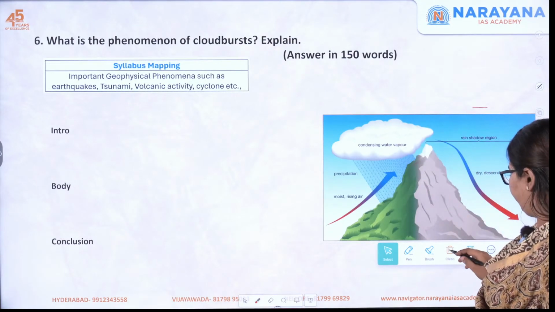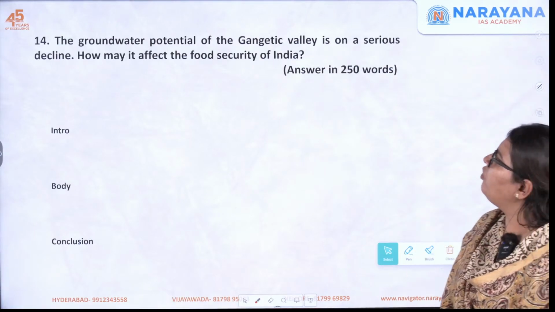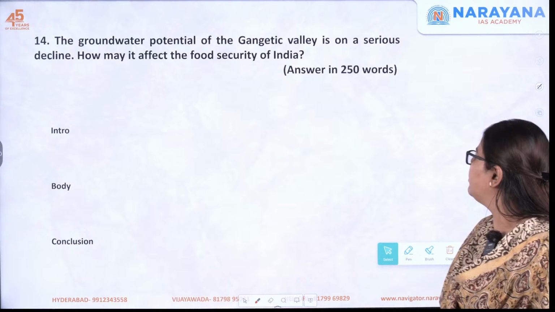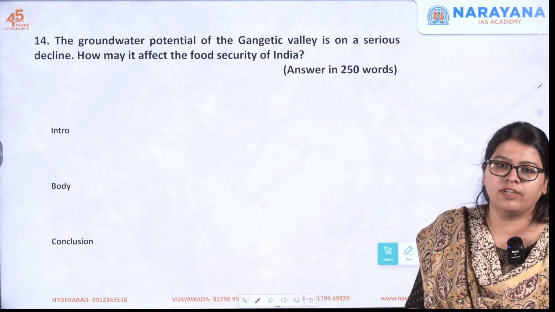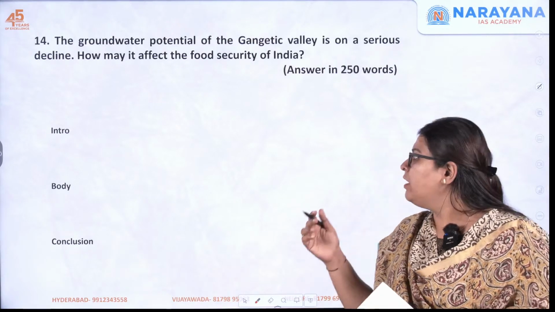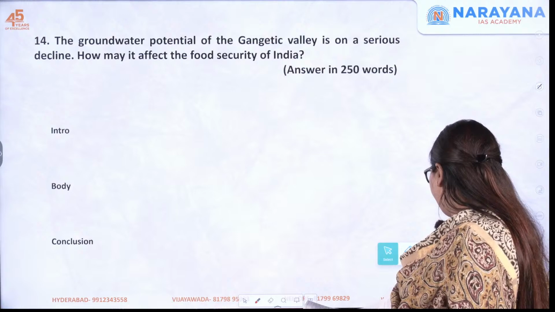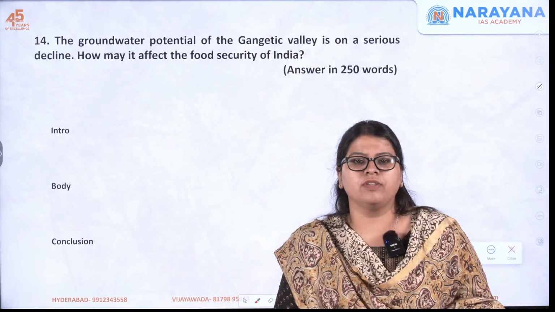Okay, now we'll move on to the next one. The groundwater potential of the Gangetic Valley is on a serious decline, and how it may affect the food security of India. It's a very generalistic question, because recently we had the groundwater report that was released.